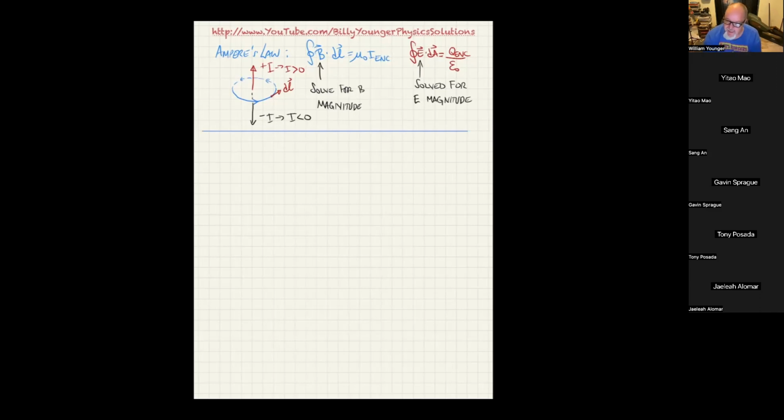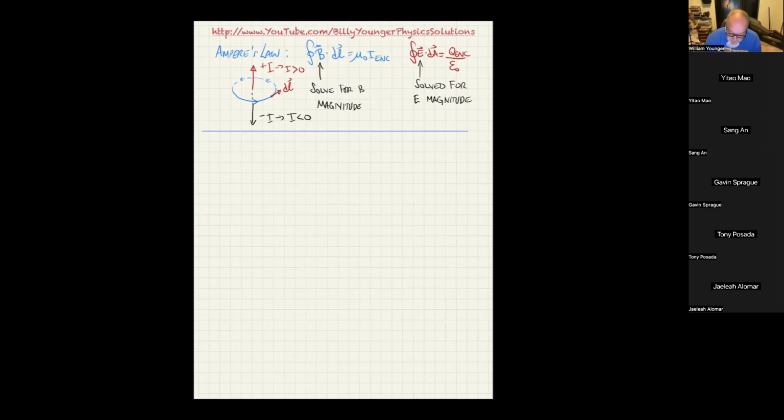Again, you don't have to have the coordinate system to solve the problem, or to be given the problem. All you have to do is be given a current carrying wire, and then as long as it's got the appropriate symmetries, you can make up your own coordinate system to help you conduct the left side of that integral and compute the right side of that equation. And in doing so, you can determine the magnitude of the magnetic field.